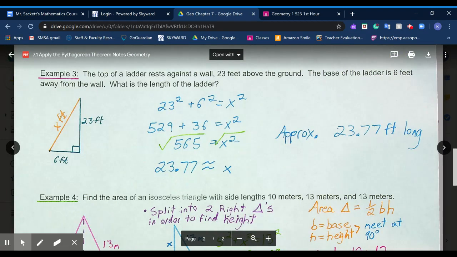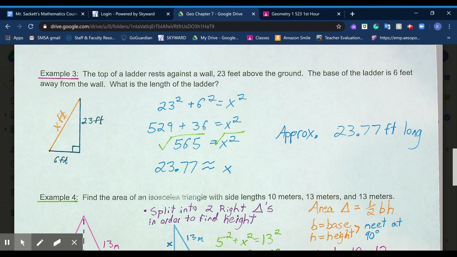Example 3, again, is another word problem related to the ladder. In this case, they did not provide the drawing, so the first thing that I did after reading the problem was to draw the triangle that you see here. In this word problem, we know the ladder rests against a wall 23 feet above the ground.